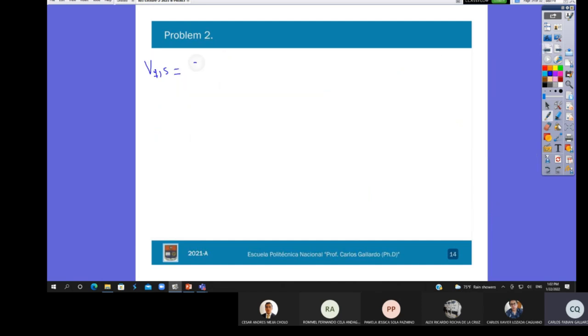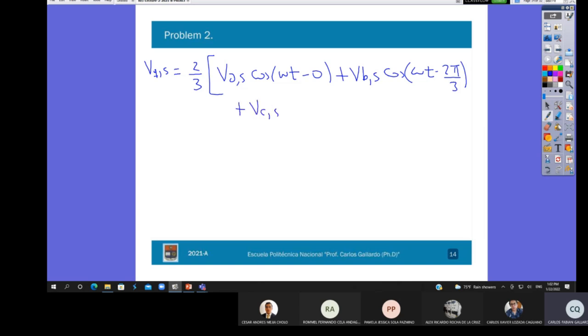We will have the stator voltage phasor A cosine omega t minus 0, plus the phasor B cosine omega t minus 2 times pi/3, plus the phasor C cosine omega t plus 2 times pi/3.